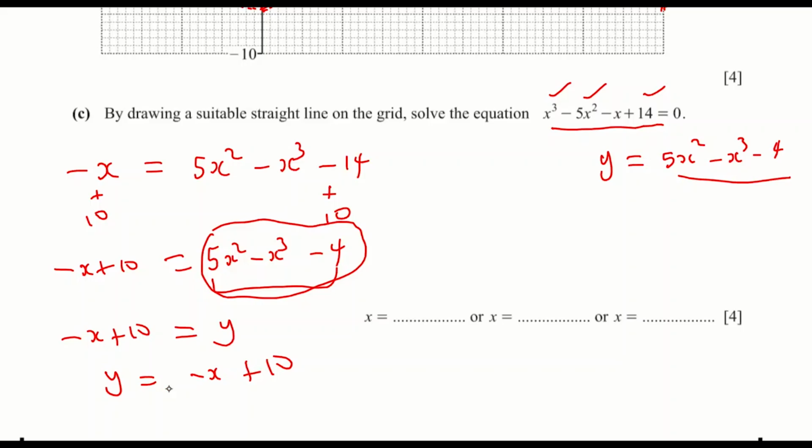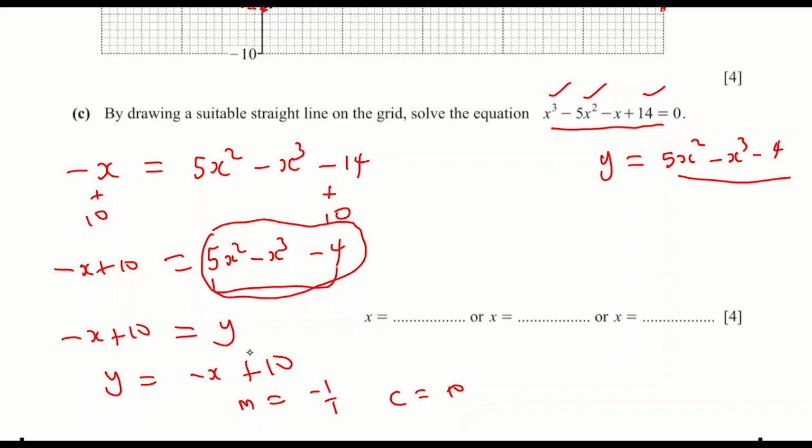So this is the equation of a straight line. So the gradient will be m equals minus 1 over 1, or simply minus 1, and the intercept on the y-axis, that is c, equals 10. So that is how to get the gradient and the intercept on the y-axis.